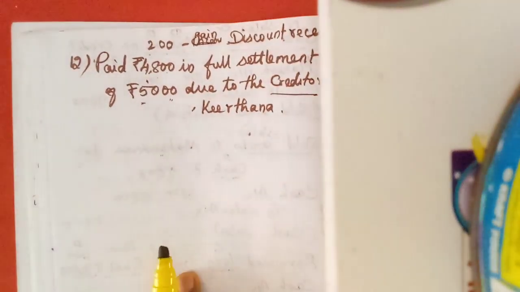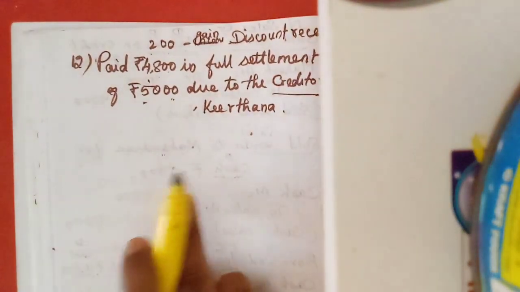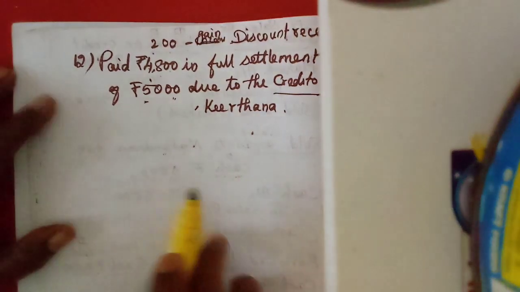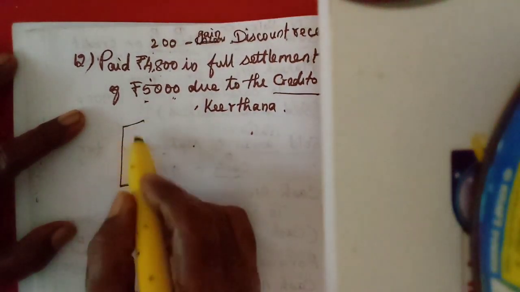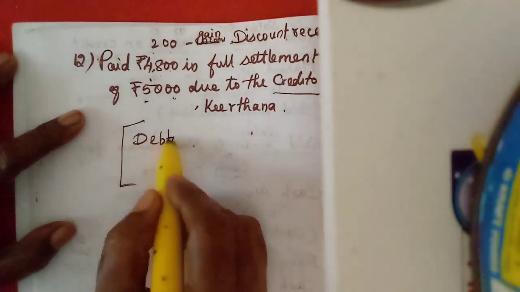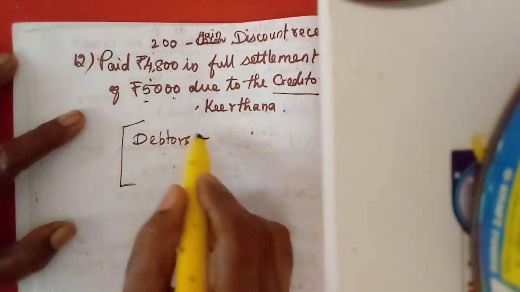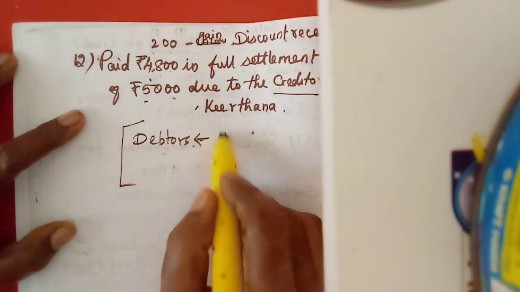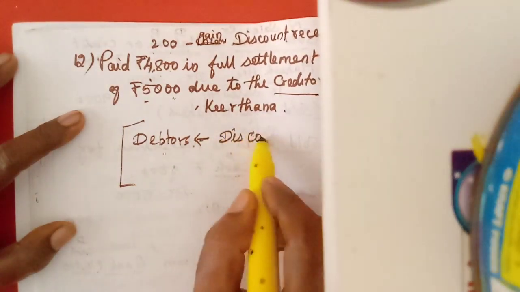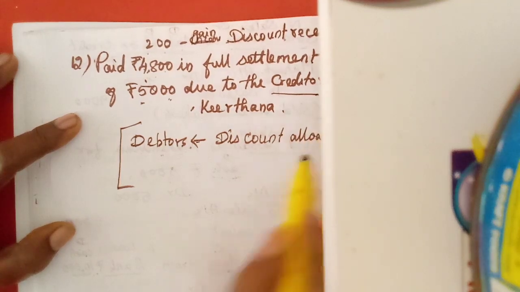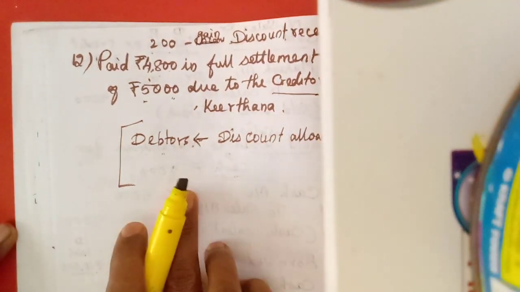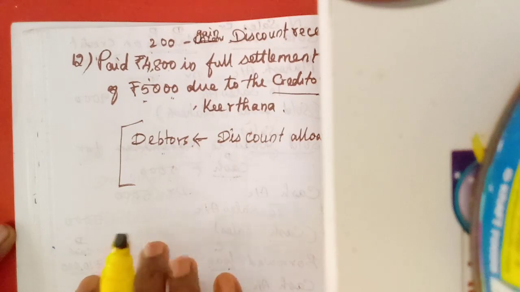When we allow discount for the debtors, it is called discount allowed. Okay, that I am writing in bracket. For debtors, when the debtors pay an amount, when they pay less, that is called discount allowed. For example, one debtor has to pay 5,000, he is paying 4,800.